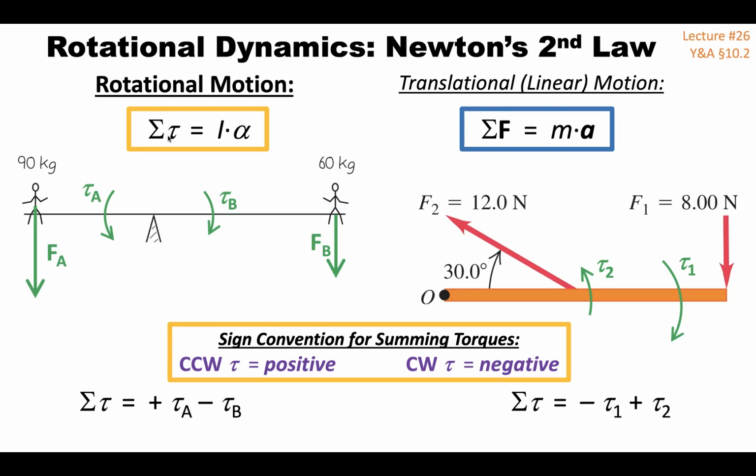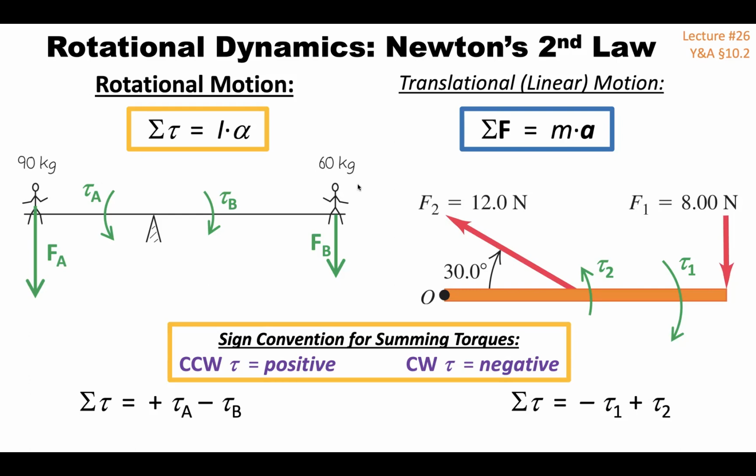So what does that mean in practice? Well, here's a little cartoon of two children on a seesaw. This is a seesaw where we assume the plank itself has no mass. So let's assume the mass of the seesaw is tiny compared to the mass of the two people.